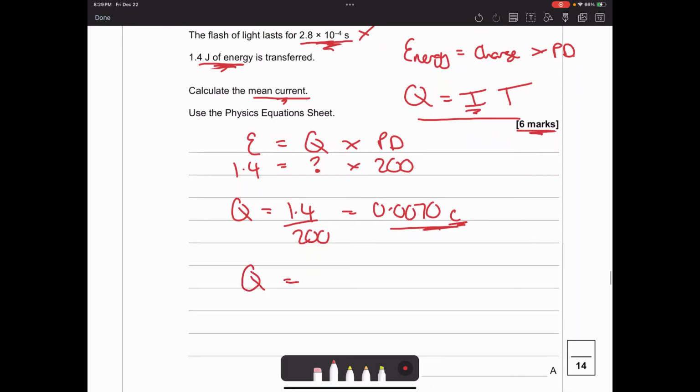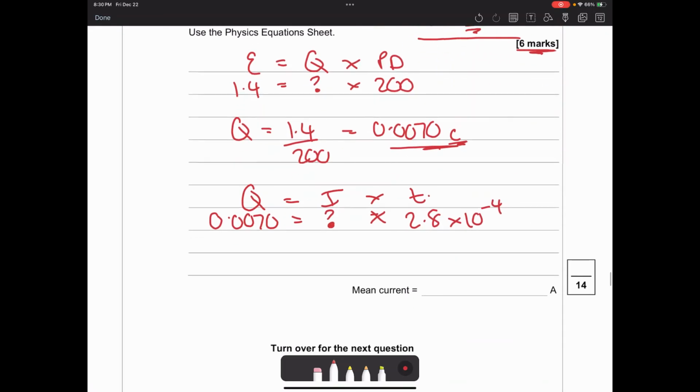So what I would then do, charge equals current times time. I know my charge from my previous answer, 0.0070 equals current, which is what I actually want to find out, times my time, which is 2.8 times 10 to the negative 4, making sure I put that in my calculator correctly. Rearrange it. To find current, it would be charge over time, 0.0070 divided by 2.8 times 10 to the negative 4.